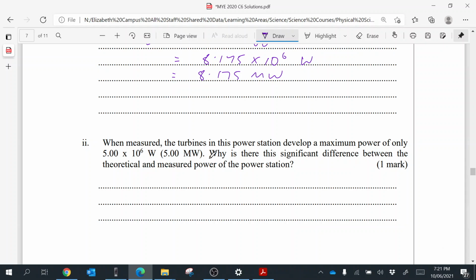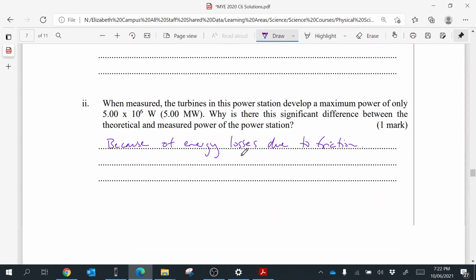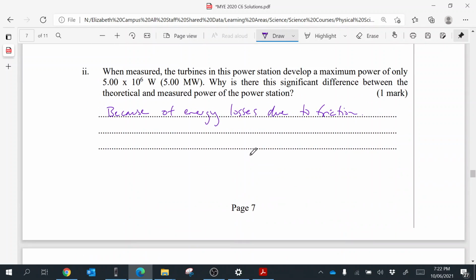When measured, the turbines in this power station develop a maximum power of only 5.0 times 10 to the 6 watts. Why is there this significant difference between the theoretical and measured power of the power station? Because of energy losses due to friction. Okay, good. And we'll leave question 3 for another video.